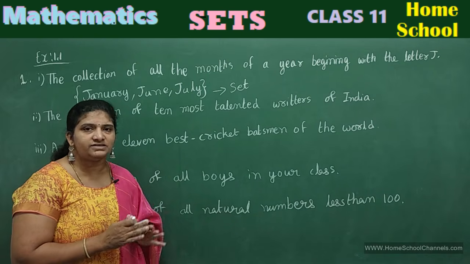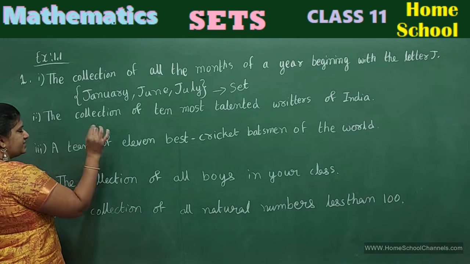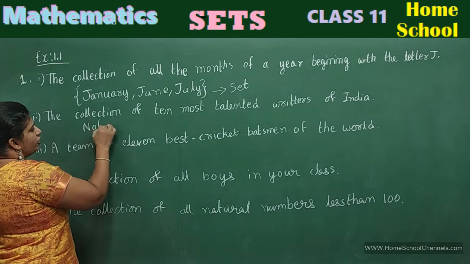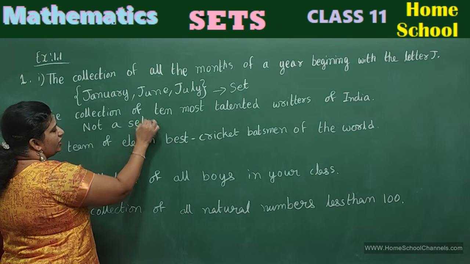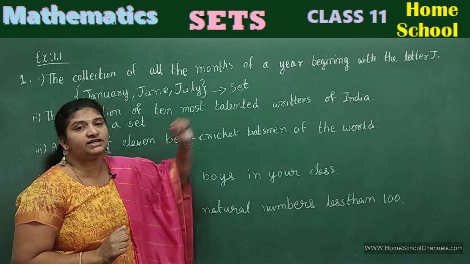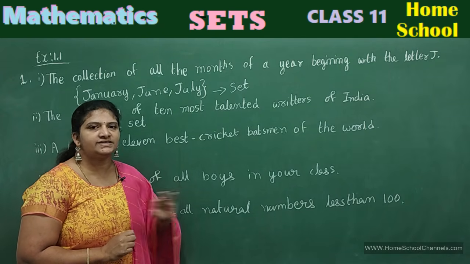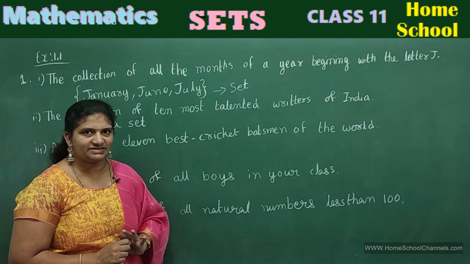So this answer is vague. So I cannot say this is a set. Therefore, it is not a set. Justify your answer: most talented is vague. The collection is not the same from person to person.